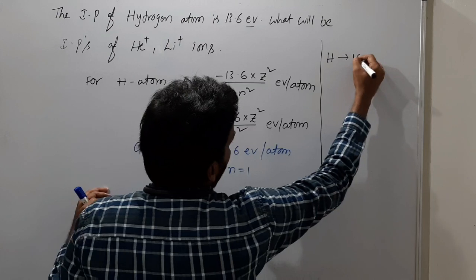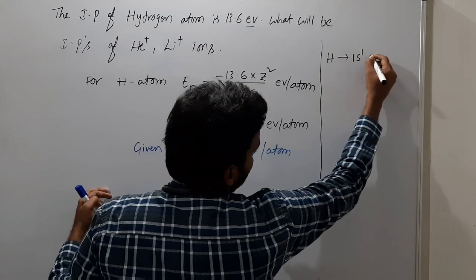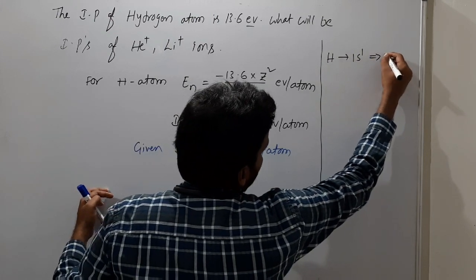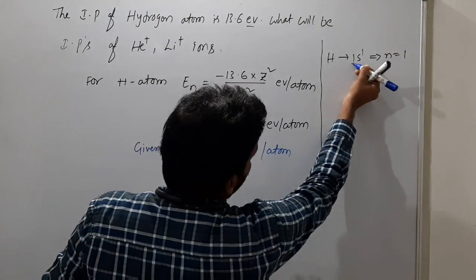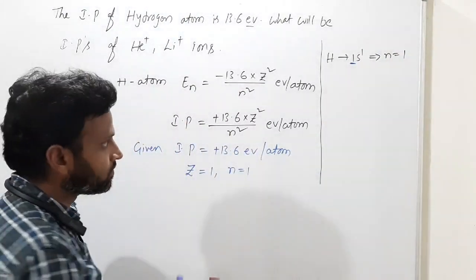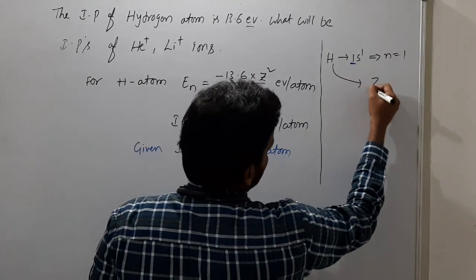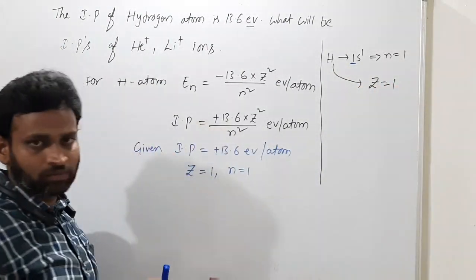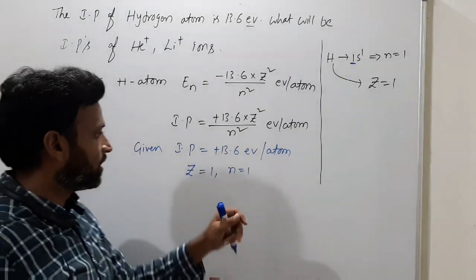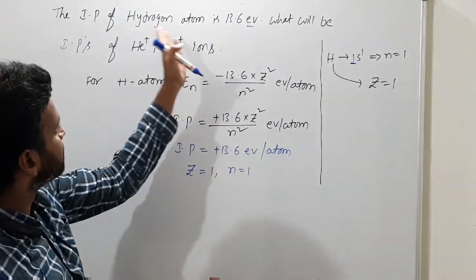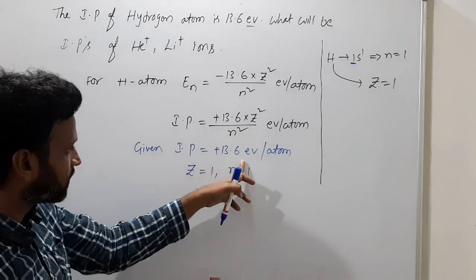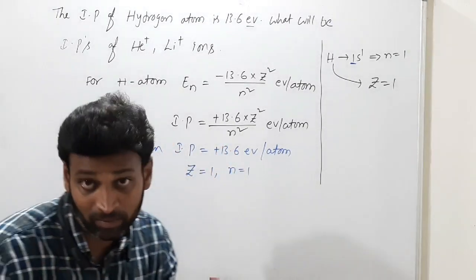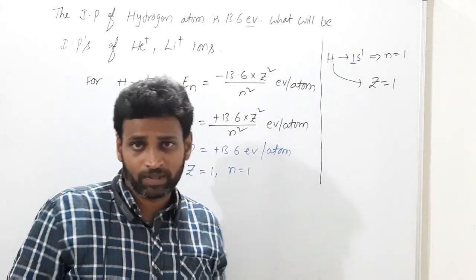Hydrogen electronic configuration is 1s1, so its N value is 1, because this number only you have to consider as the shell number, I told you. And for hydrogen Z is equal to 1. So from the given value we can confirm, of course hydrogen atom means Z is equal to 1. Even if 13.6 was not given, you can say Z is 1 because they gave hydrogen.